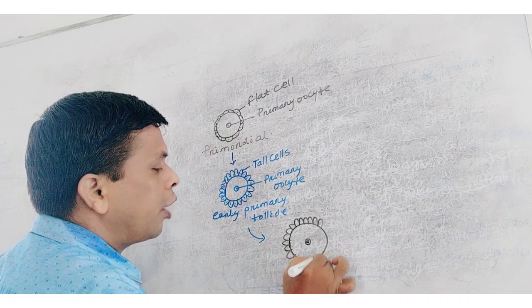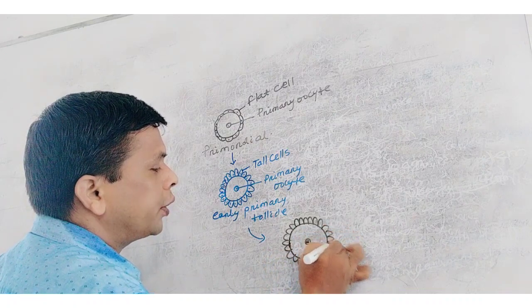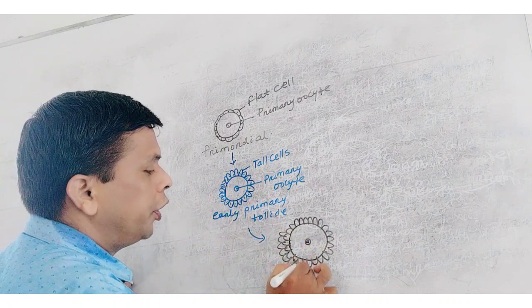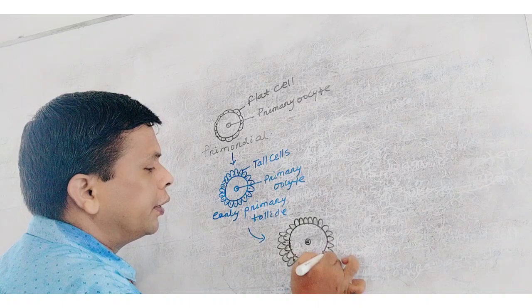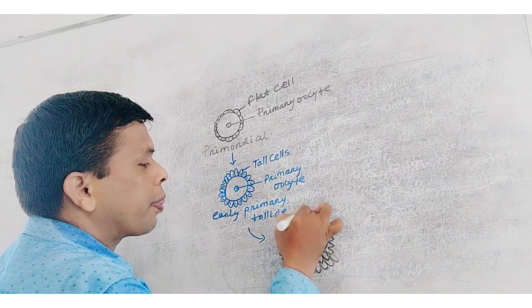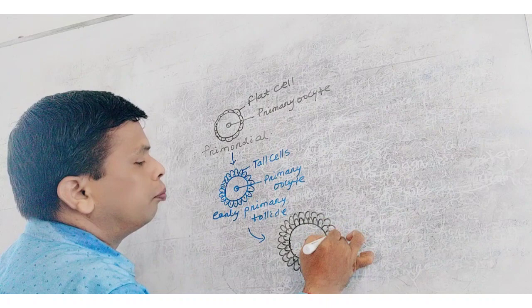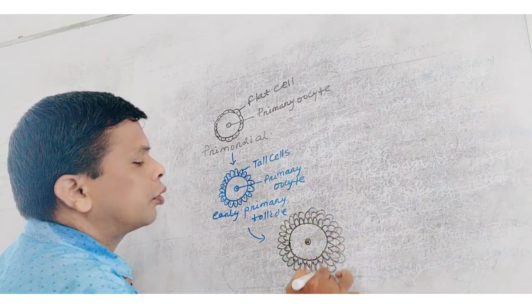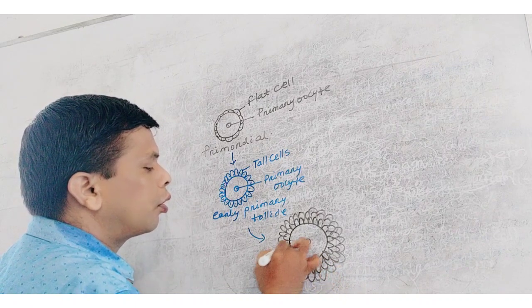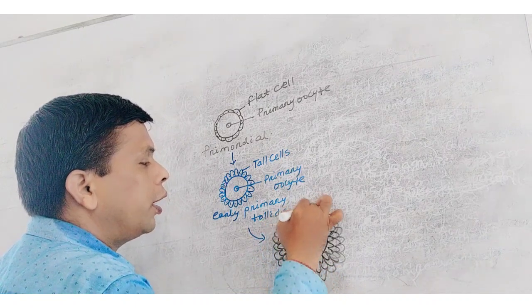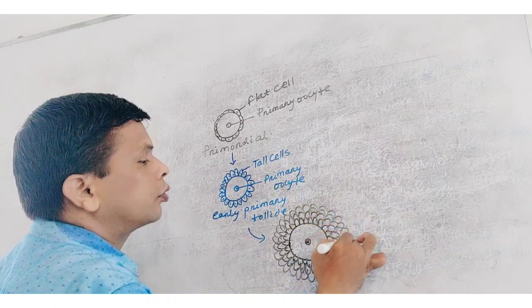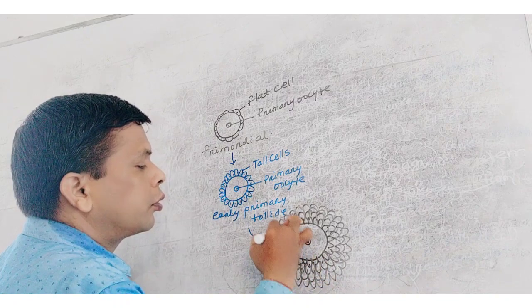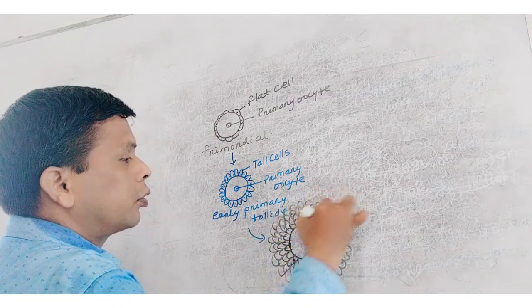A single layer of tall cells was present around the early primary follicle, but here the number of cells increases. It becomes multi-layered.